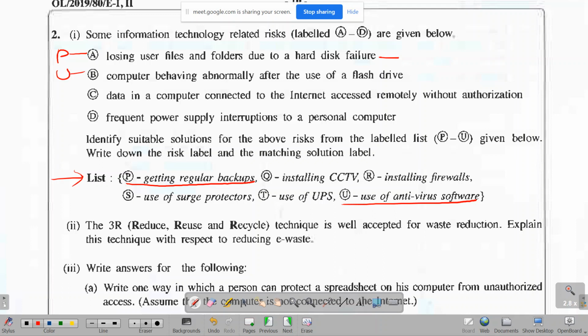So the machine will not act weirdly. Data in a computer connected to the internet accessed remotely without authorization. Do we have a firewall? Yes. Yes.